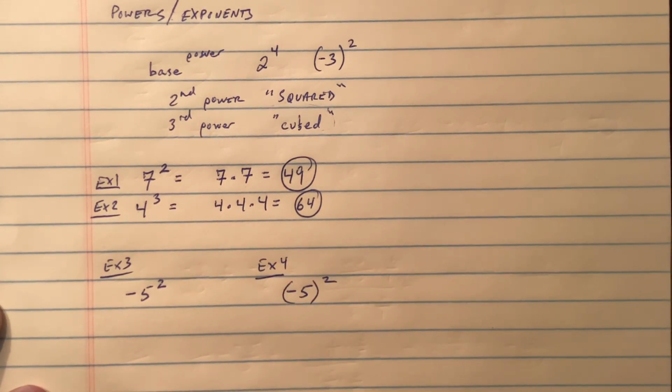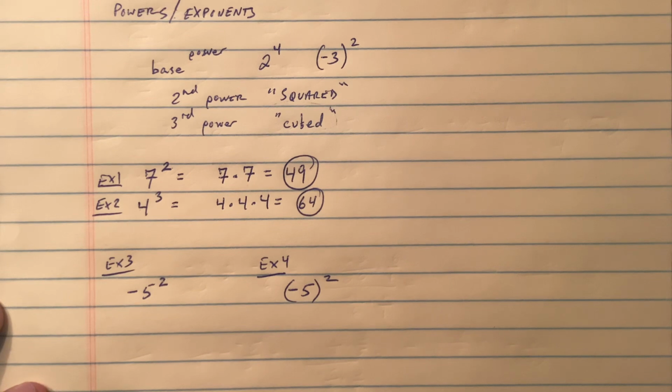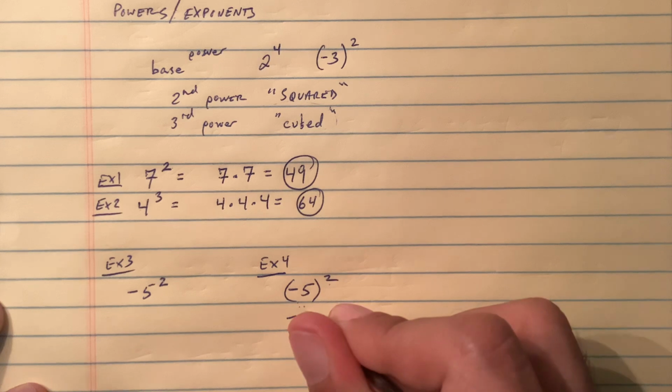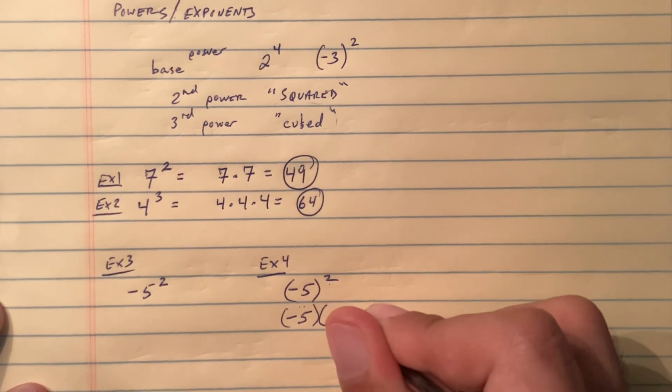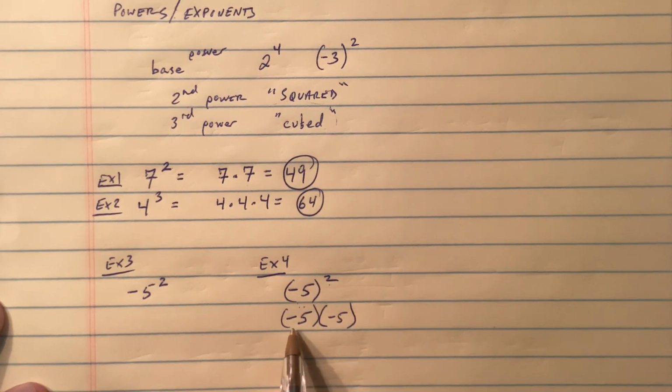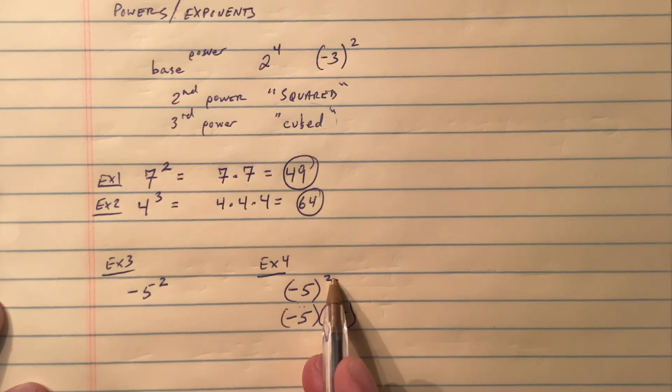These mean 2 different things. We have to consider order of operations, and as you can see, all of negative 5 in example 4 is being squared. So this is where we would do negative 5 times negative 5, the base multiplied with itself 2 times, as the exponent says.